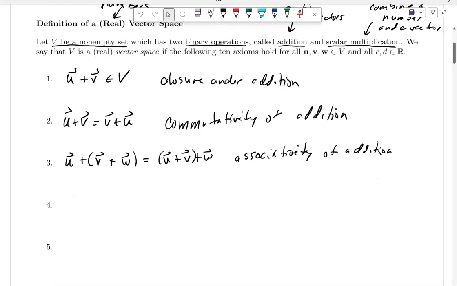Now, why did we add negative 3 in this case? We added the negative 3 because I'm trying to make this what? 0, which means I better have some sort of a 0 vector, right?